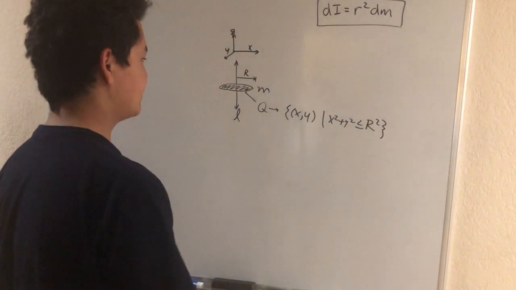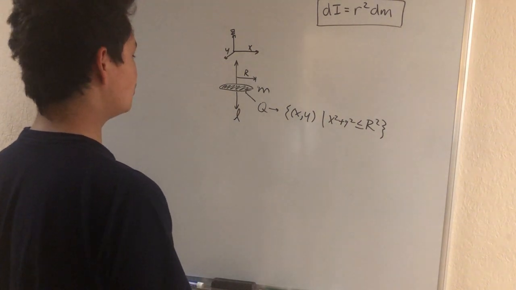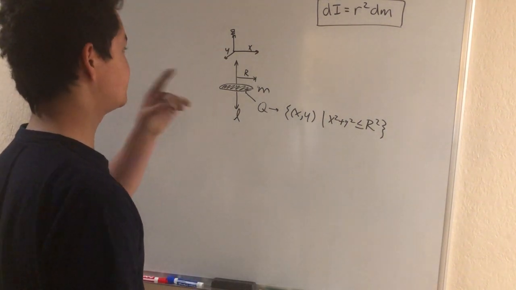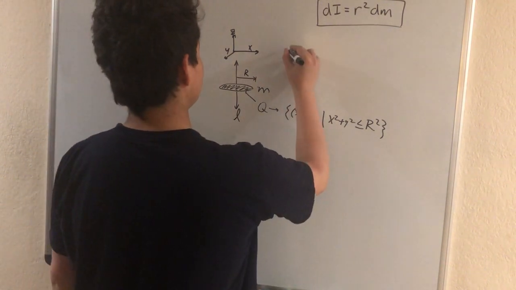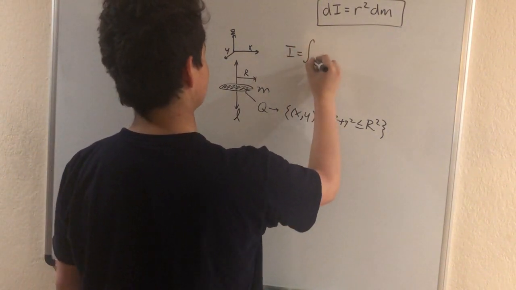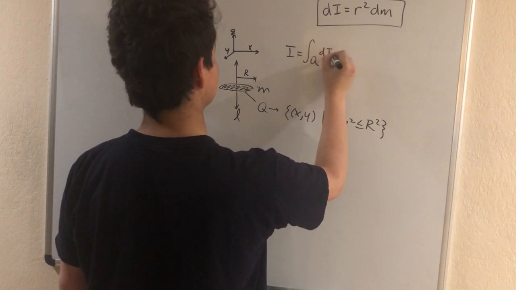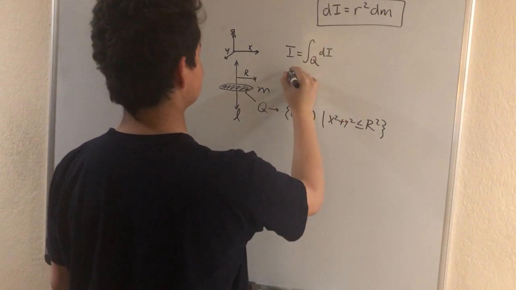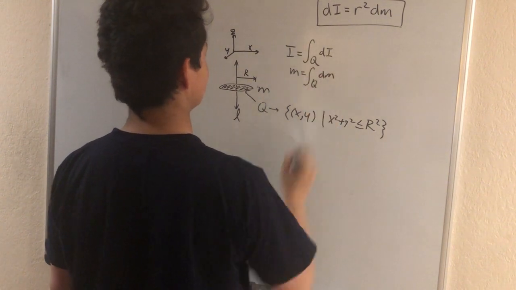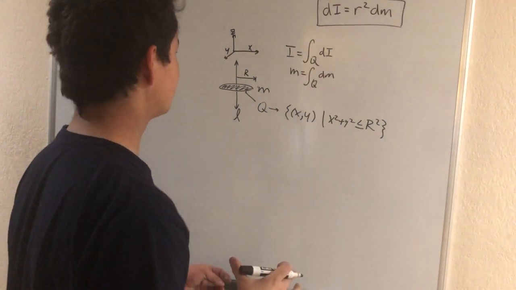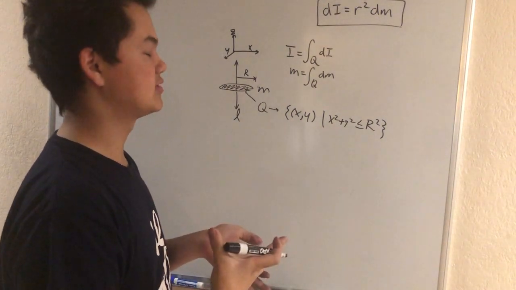Pretty simple. We're going to be integrating over this region to find the moment of inertia. So we know that moment of inertia is this, not too bad. We also know that our total mass is this. And one thing that's important here, because this is infinitely thin, is that we're not thinking about things in volumes.